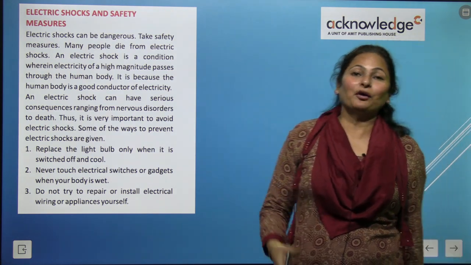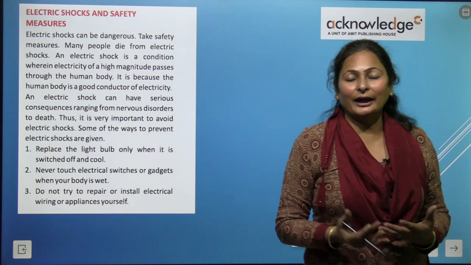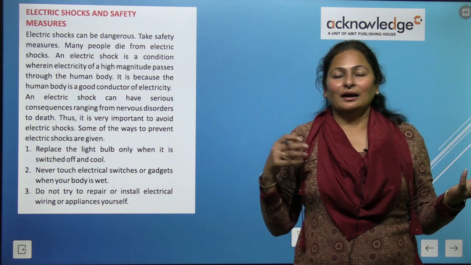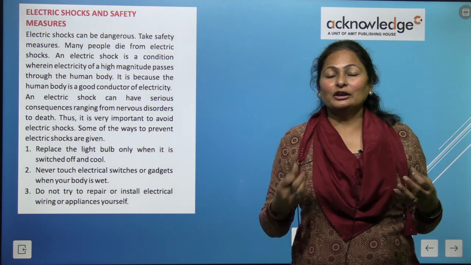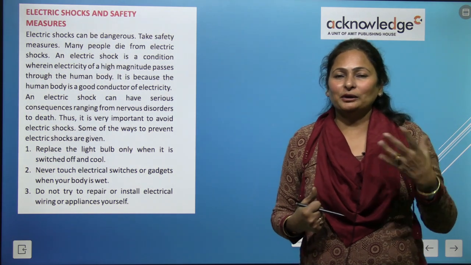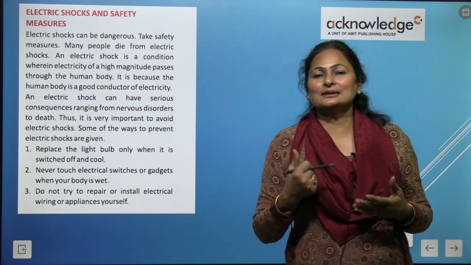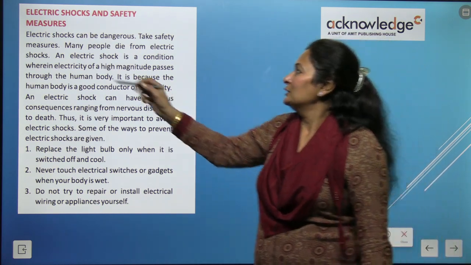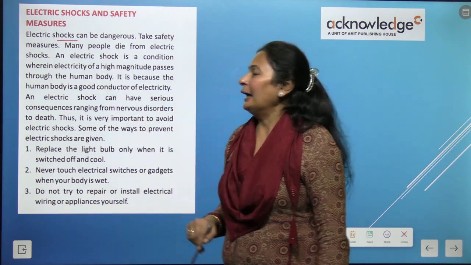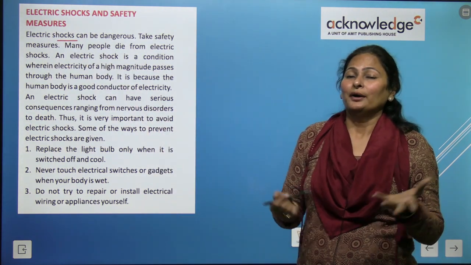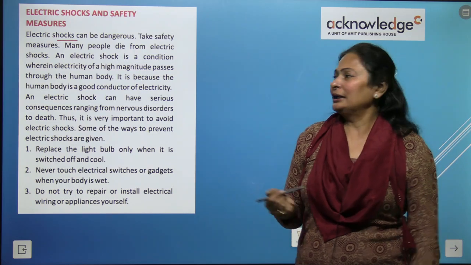Electric shock and safety measures. Electricity is very important for us to run our life smoothly, right? We cannot imagine our life without electronic appliances, without electricity, because all electronic appliances run on electricity. So electric shock can be dangerous for us, and we have to prevent ourselves from electric shocks.